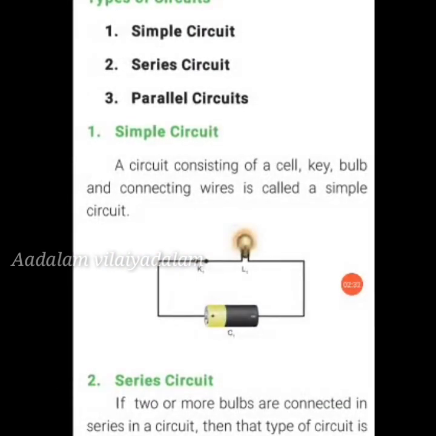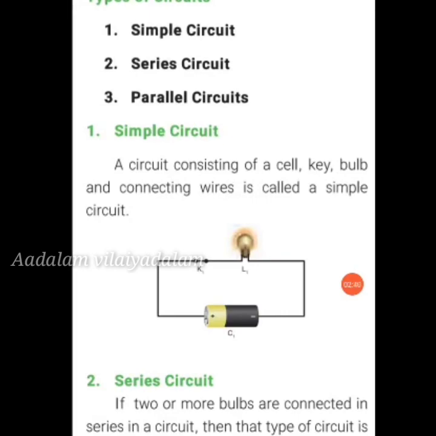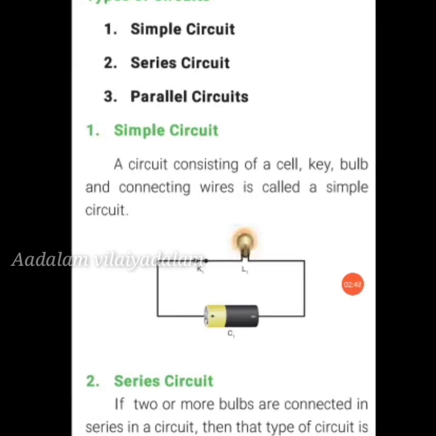Next we see the types of circuit. First one simple circuit, second one series circuit, third one parallel circuit. First, simple circuit. A simple circuit consists of a cell, key and bulb connected with wires. Okay. So next, series circuit.